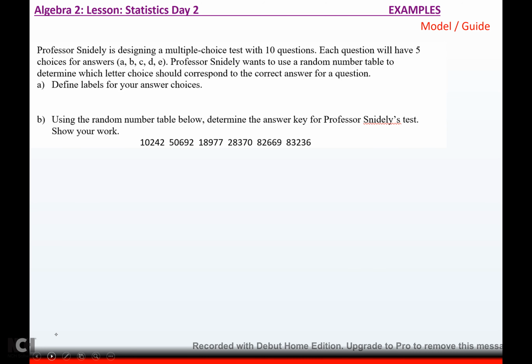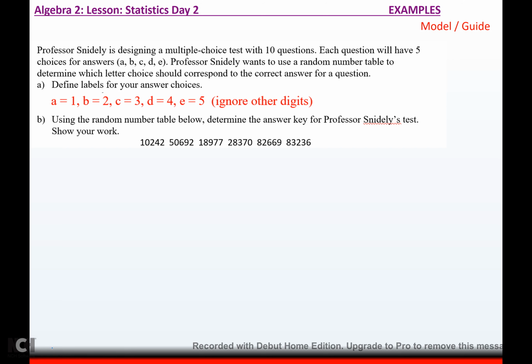All right, Professor Snidely is designing a multiple choice test with 10 questions. Each question will have 5 choices for answers, A, B, C, D, and E. Professor Snidely wants to use a random number table to determine which letter choice should correspond to the correct answer for a question. It says define the labels for your answer choices. And you guys could pick whatever you want. Again, it's your number generator.